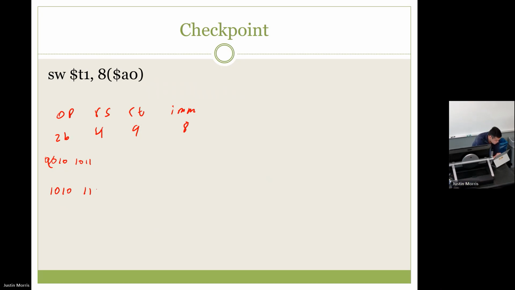RS is 4, 0, oh, and I need 5 bits. And RT is 9, so I have 0 1 0 0 1, and then I have the immediate. I need 8, so 0 0 0 0 0 0 0 0 0 0 0 0 1 0 0 0.